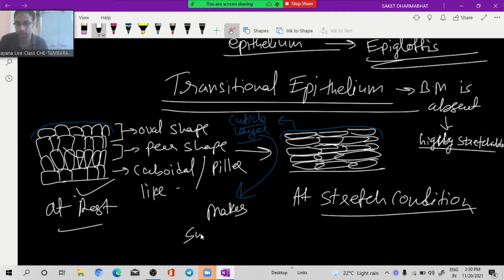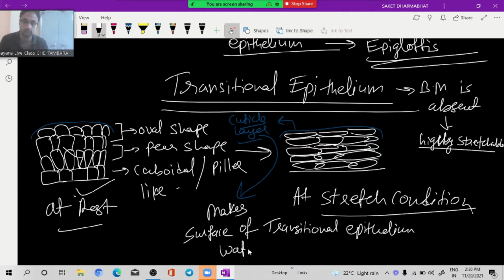This cuticle layer makes the surface of the transitional epithelium waterproof.